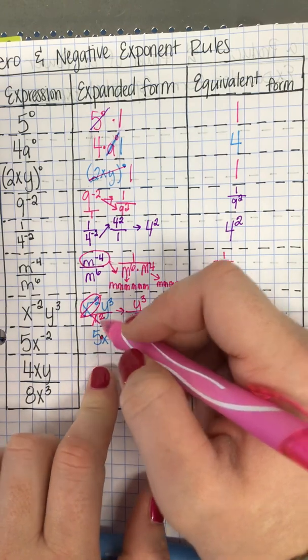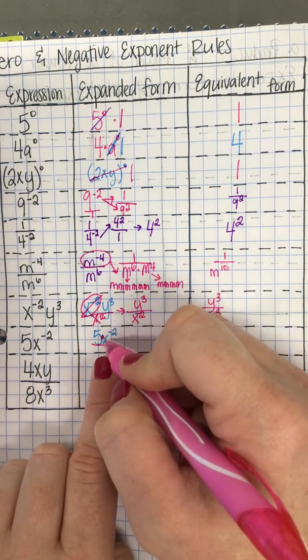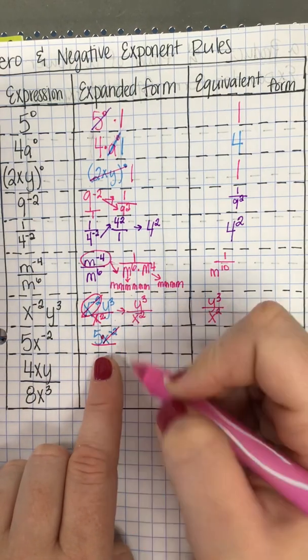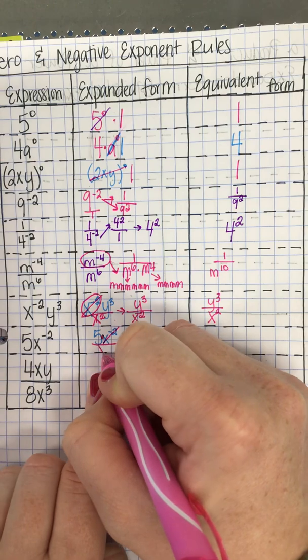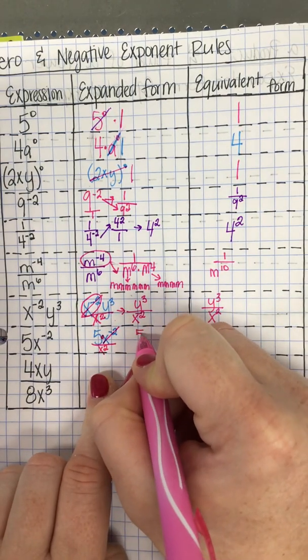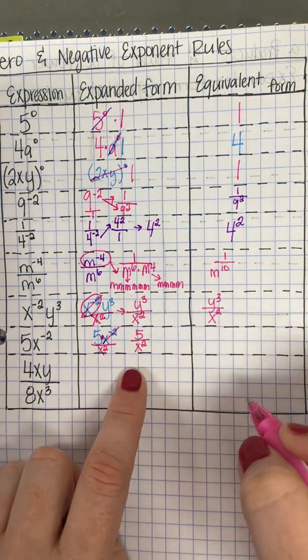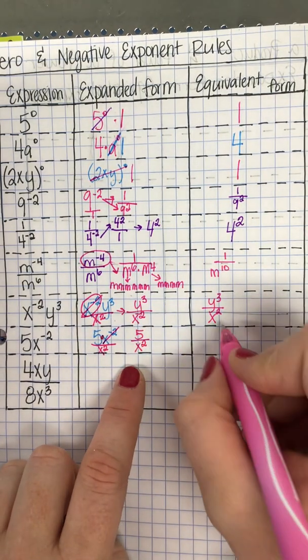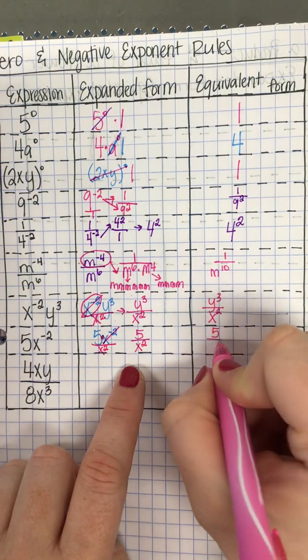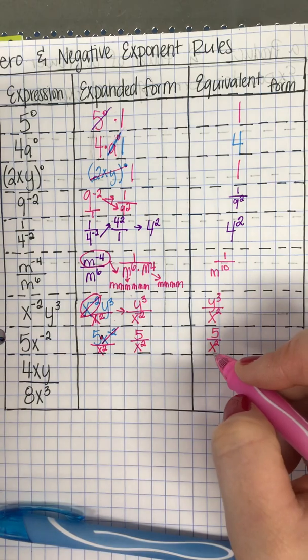The x has the negative exponent. So I'm going to write it as a fraction, mark out what has the negative exponent, and write it in the denominator. So it would be 5 divided by x squared. So then my answer would be 5 over x squared. There's no numbers or anything like that.